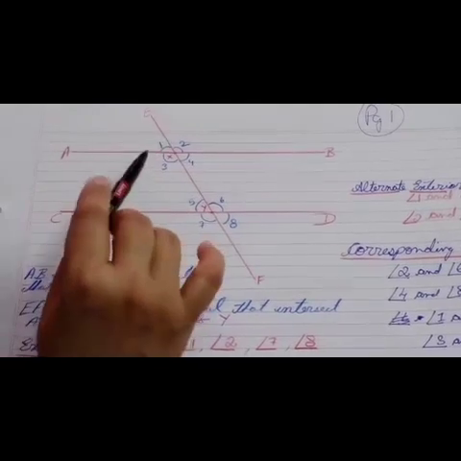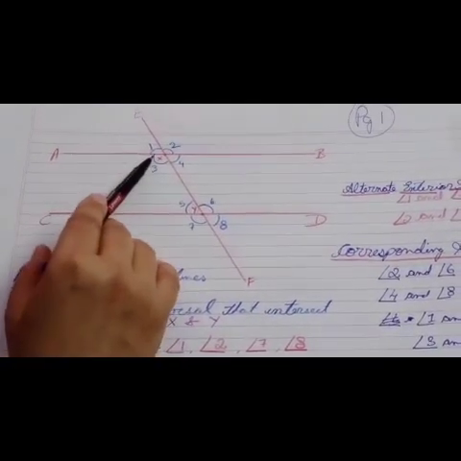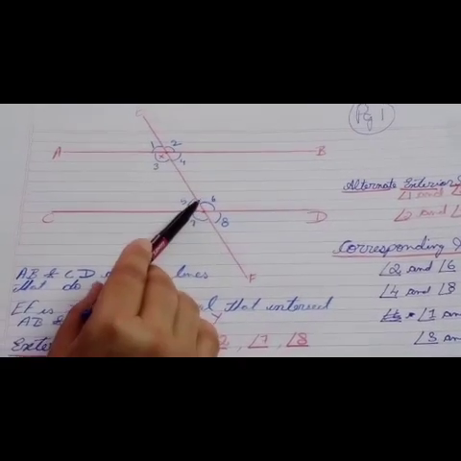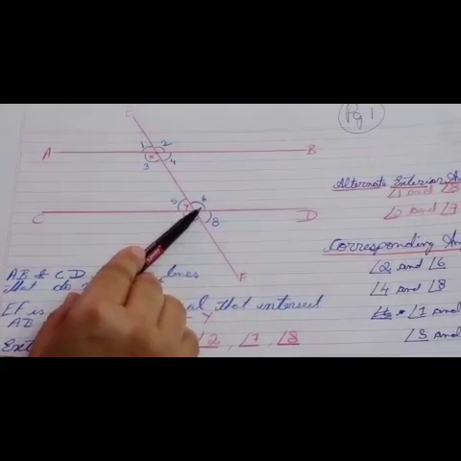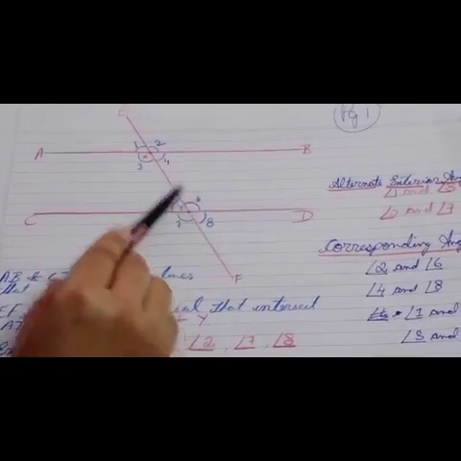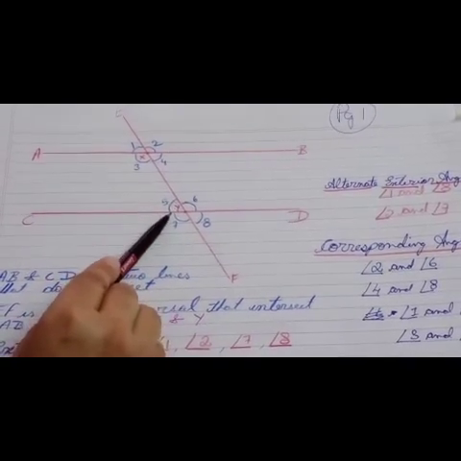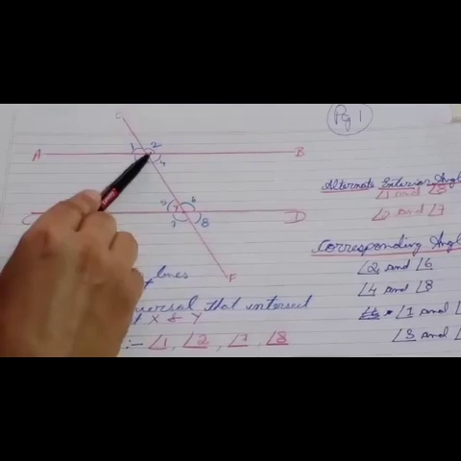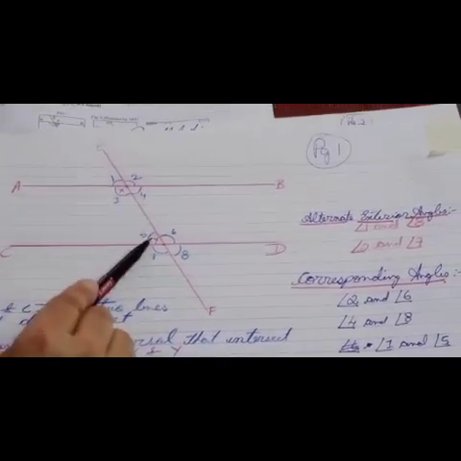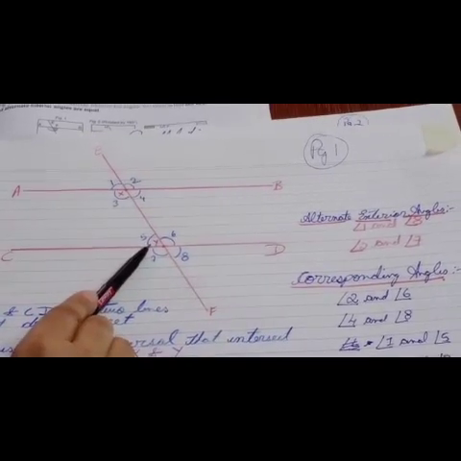Remember this. See, angle 3 and angle 6 are equal because they are alternate interior angles. Again, angle 4 is equal to angle 5 because they are also alternate interior angles. That means they lie on opposite sides of the transversal, but they do not form a linear pair.